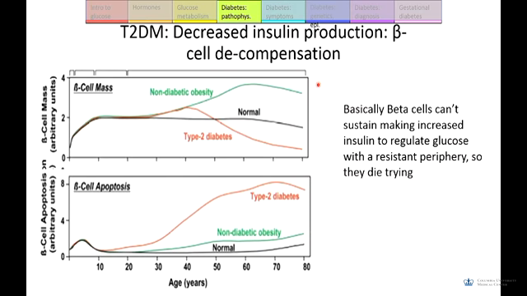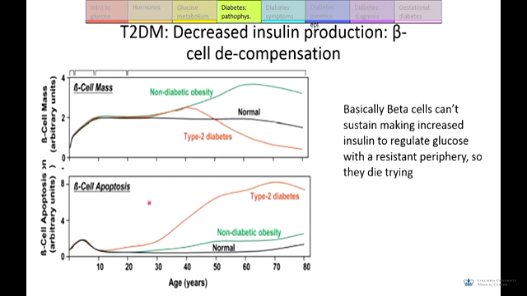So type 2 diabetes also affects your beta cell mass. We see in obese individuals, your beta cell mass starts to increase, and that's because obesity leads to some degree of insulin resistance, and your body compensates by making more insulin to overcome the resistance. But type 2 diabetes is pretty much a decompensation where you can't make this extra insulin to overcome the resistance.